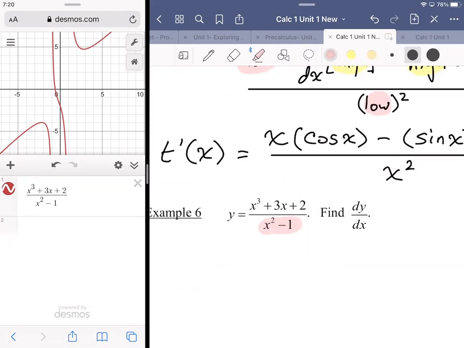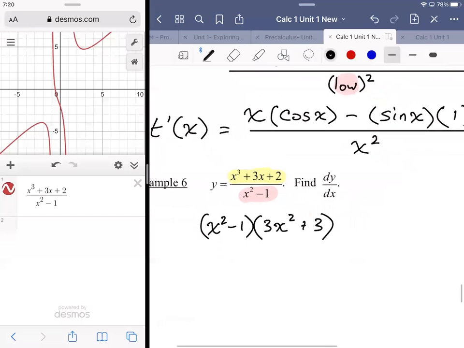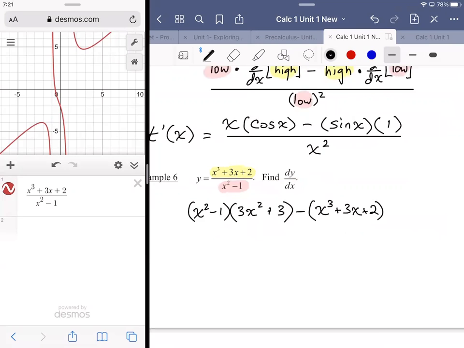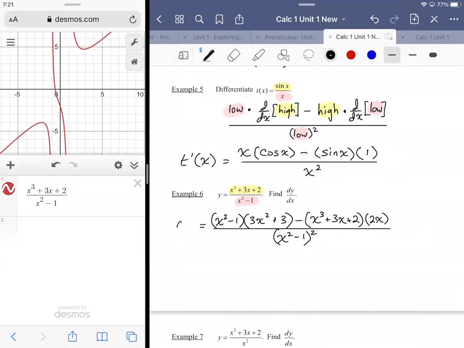Right? So since each component is in the appropriate power form, we're in good shape anyway. So low, d high, so derivative of the top, 3x squared plus 3, minus high, so the original numerator as is, no change whatsoever, d low, derivative of x squared minus 1 is just a 2x, over that denominator squared, and away we go, dy dx.